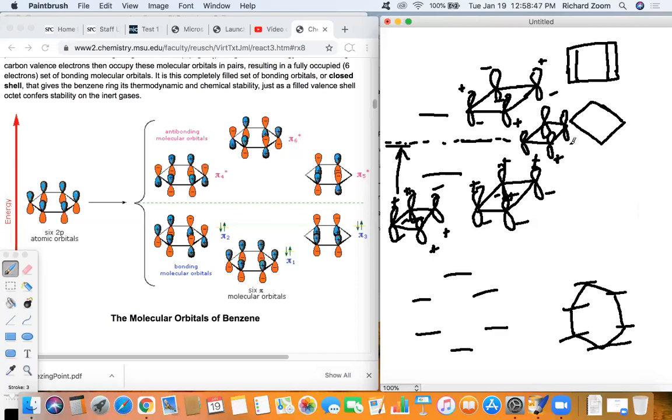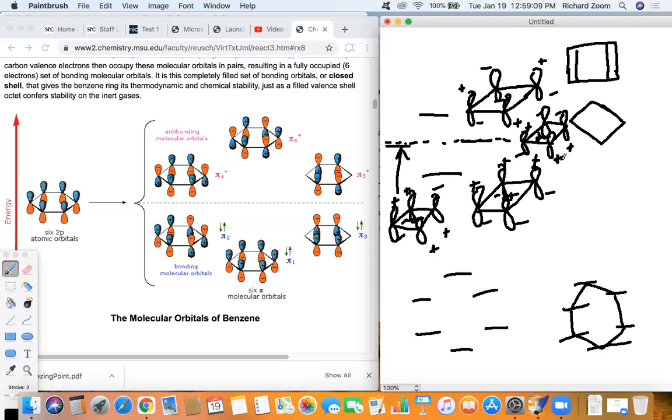And that would be plus, plus, plus, minus, and then plus, minus, minus, minus. So both of these have the same energy for the other possible combination.